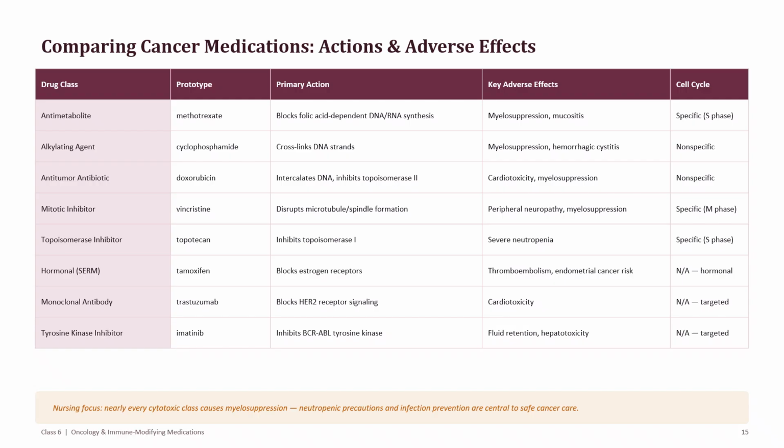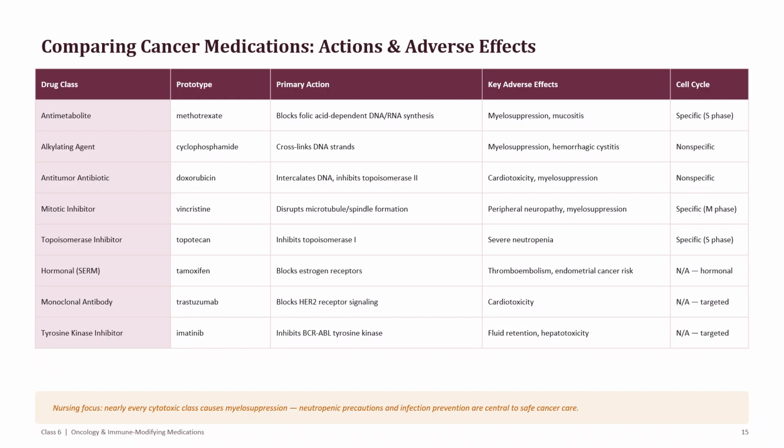So that split tells you something real about how oncology has evolved. The older cytotoxic medications hit anything that divides fast, so they all converge on the same bone marrow problem. The newer targeted medications hit one specific pathway, so their toxicities are much more specific to that one target.